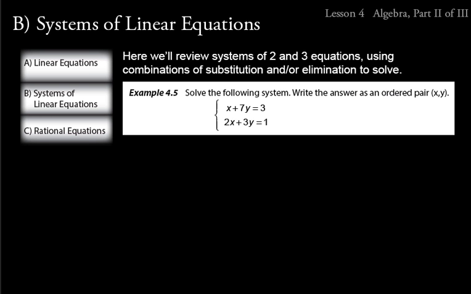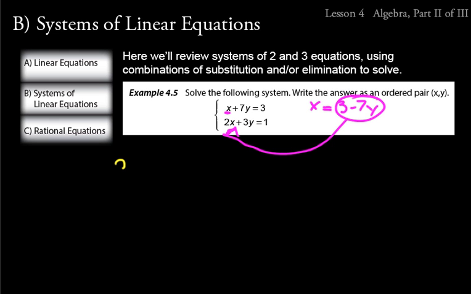So what I'm going to do is look at that first equation, x plus 7y equals 3, and I already have just an x by itself there, so just rearrange that. X equals 3 minus 7y, and that's easy enough right there to substitute in for x in the bottom equation. And then we just have one equation in terms of y. So let's do that.